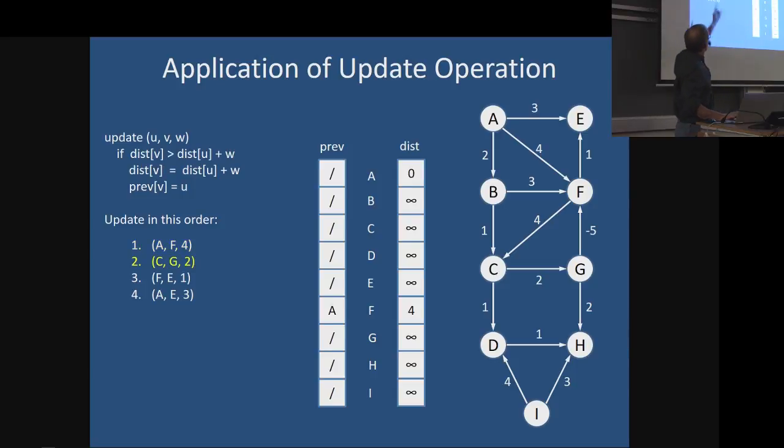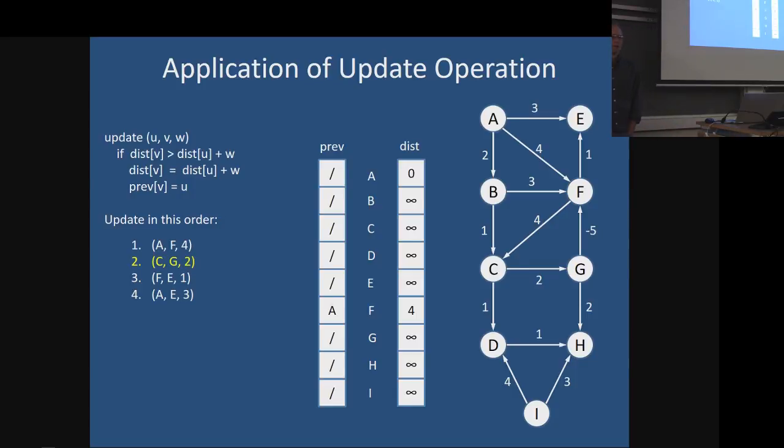Now suppose we update CG2. So we got an edge from C to G of weight 2. Yeah? So we go to G, we update pre with C, and then we update dist with infinity plus 2. Well, okay. So it's actually simpler than what he just said. What's the first thing the update operation does?